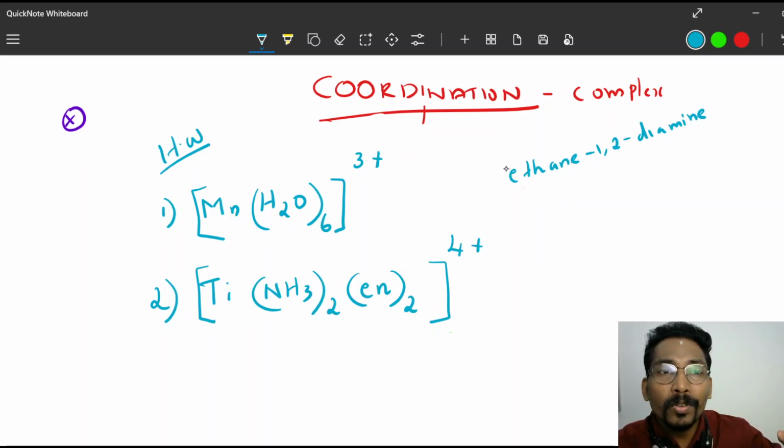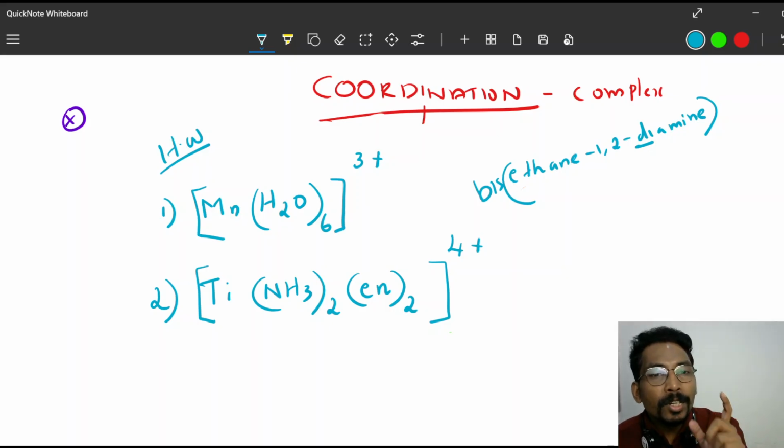But in the case of ethane 1,2-diamine, here 2 ethane 1,2-diamine is coming. So you are not supposed to use the prefix di, because di is already coming in the name of the ligand. So you have to use a different prefix, that is bis. Instead of di, you can use bis. Instead of tri, you can use tris, like that. Okay, I think it's clear.